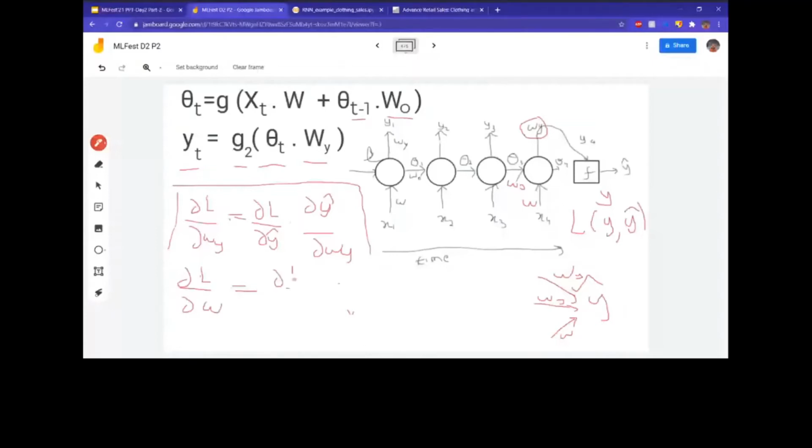So dou L by dou y hat multiplied by dou y hat by dou y4, multiplied by, pardon my handwriting, I hope you are getting what I'm trying to write, dou y4 by dou W. So that's how you backpropagate. You can do it similarly for W naught. If you have to go one step back, there will be more variables in here. And yeah, that's how you backpropagate.